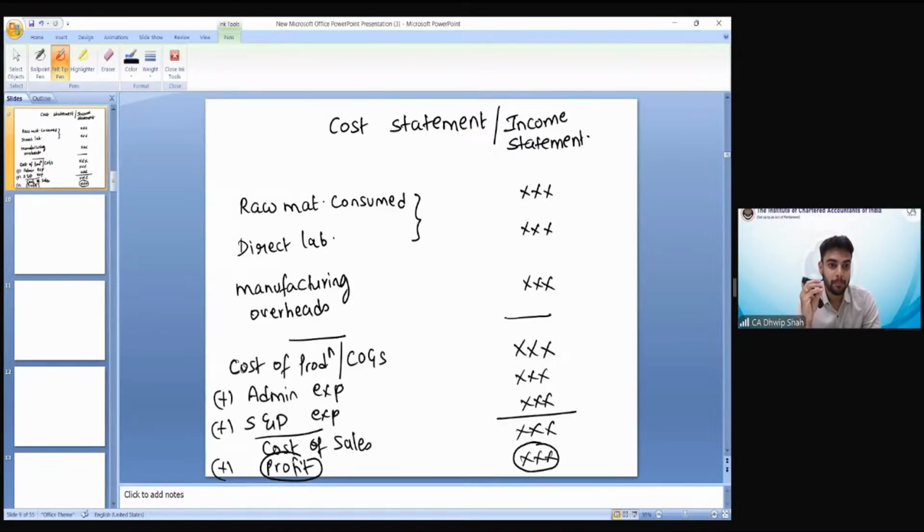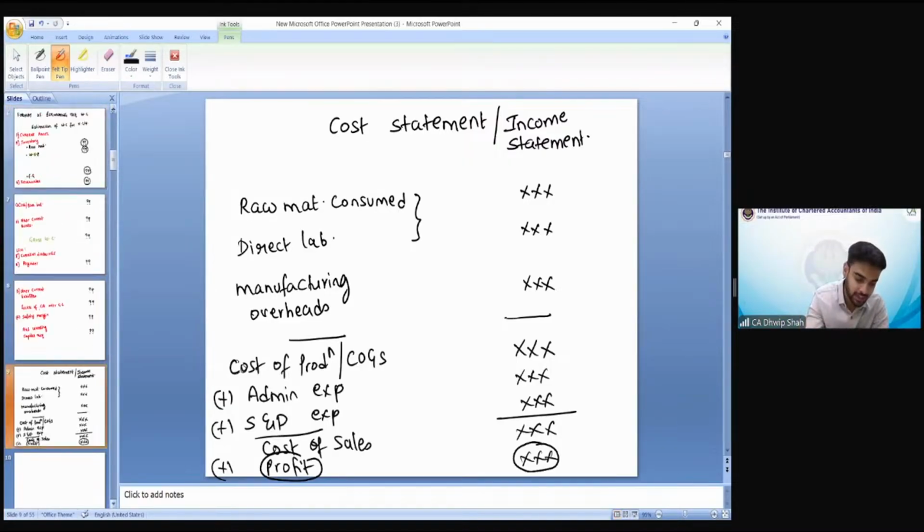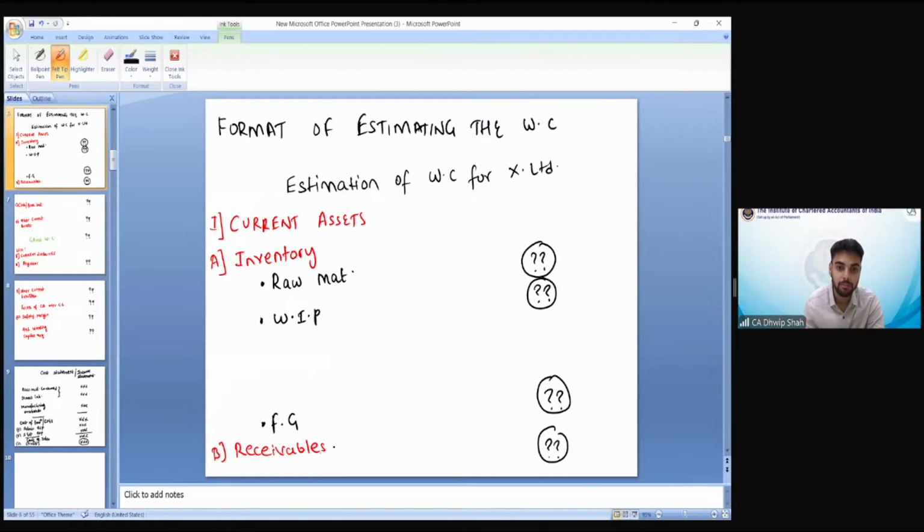So the point that I want to explain here is debtors as far as working capital is concerned. Here, debtors will be calculated based on cost of sales and not sales. Are you following? In the ratios chapter, you used to calculate receivables on sales. But in this chapter, we want to estimate how much amount is exactly blocked in debtors. So profit is not my amount blocked.